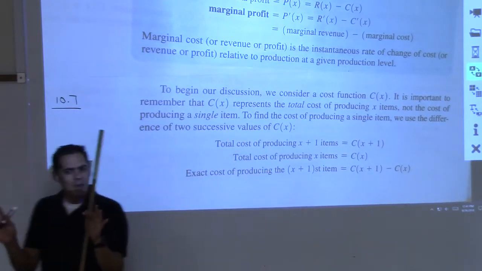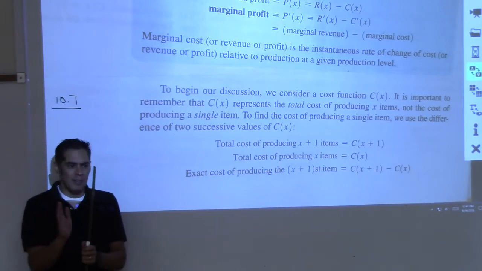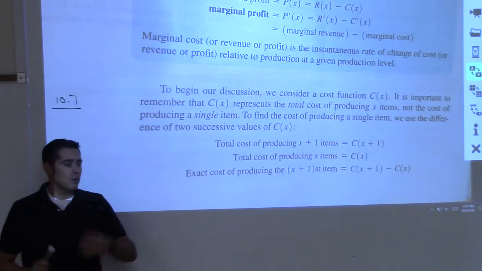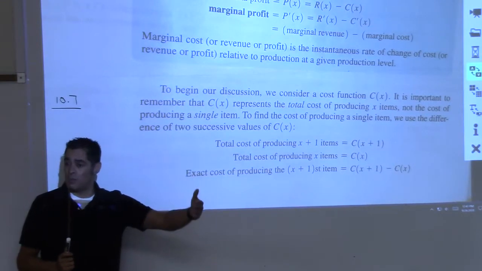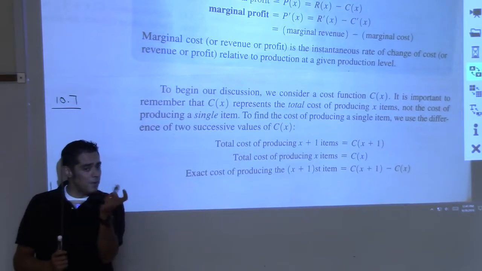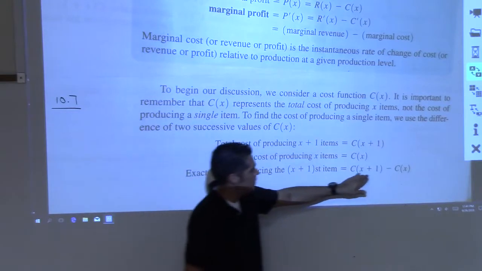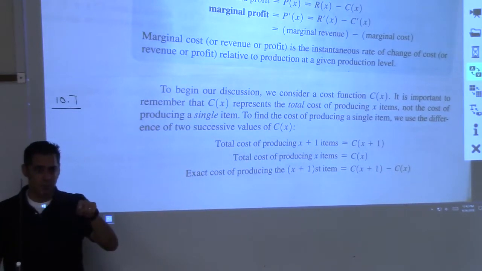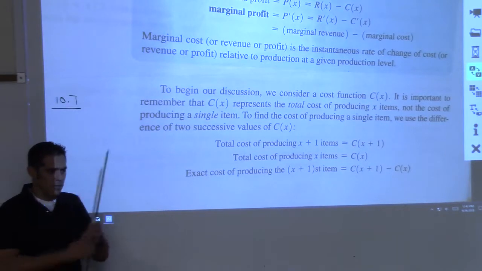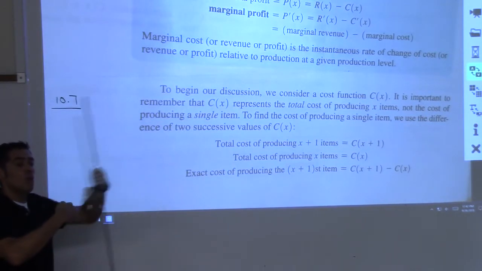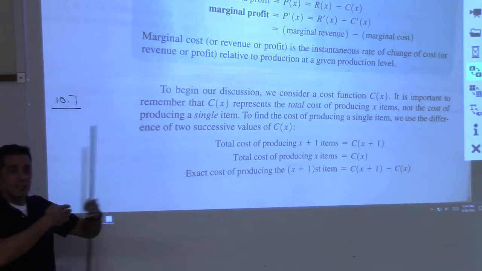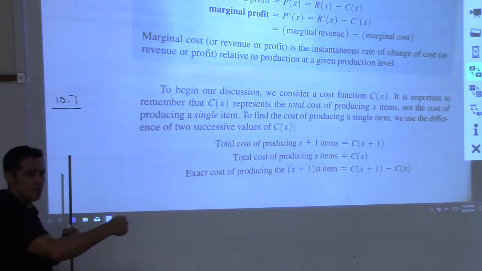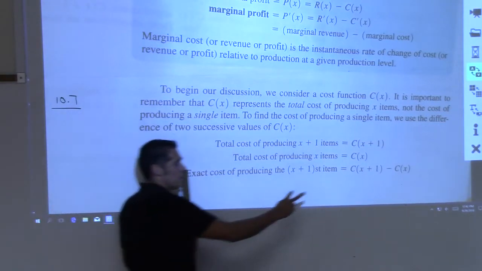So I know this seems somewhat obvious, but if I want to know the cost of producing 20 bicycles, I plug in 20, right? If I want to know the cost of producing 21 bicycles, I plug in 21. The difference between those 2 answers is the cost of producing 1 more bicycle, right? So if I produce 20 and then produce 1 more bicycle, that's 21 bicycles, the difference between those is the exact cost of producing 1 more bicycle. Make sense? So that's what this one is. We're going to need this, all right?